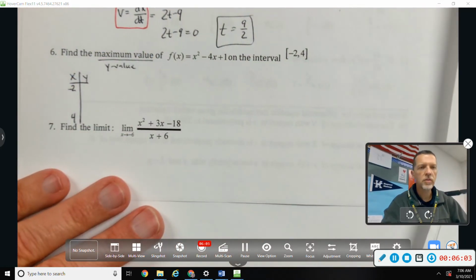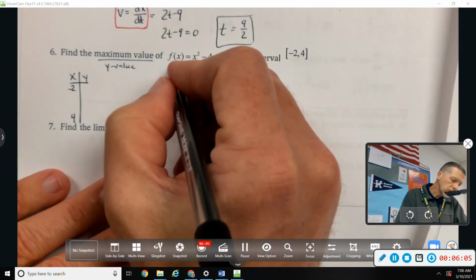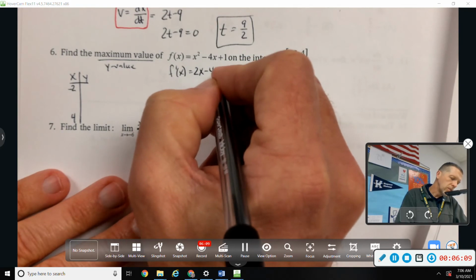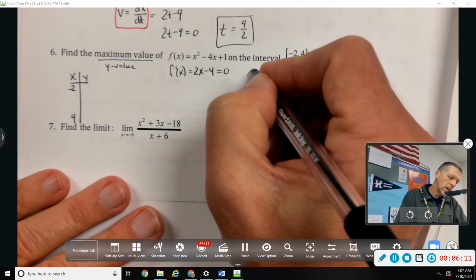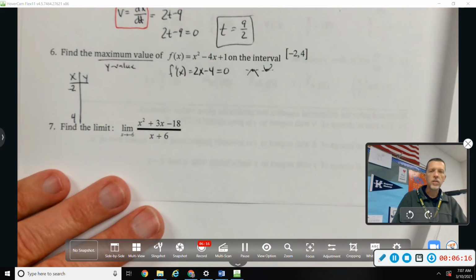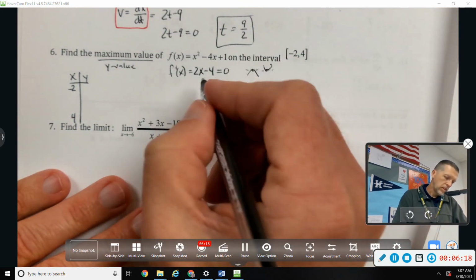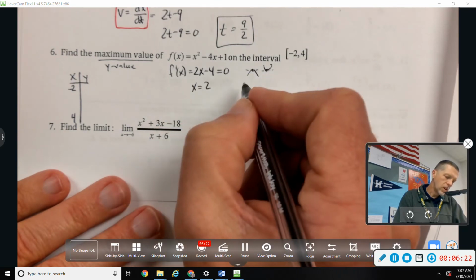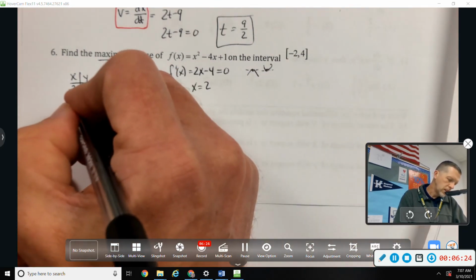Critical points coming from derivative equals 0, because if the derivative is 0, then that might be a max or a min when the derivative is 0. So 2x minus 4 is the derivative, so x equals 2 is a potential max or min.